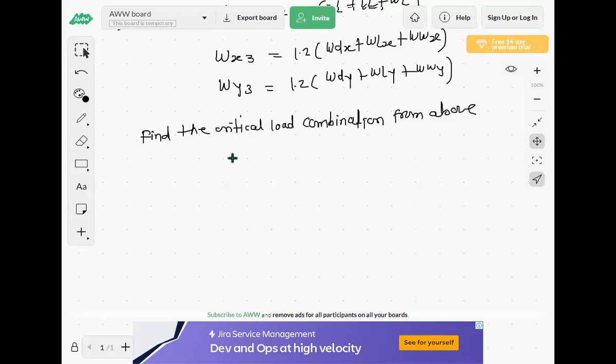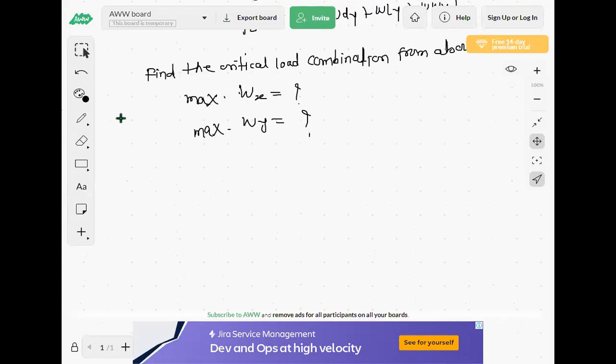So we take the maximum WX and maximum WY. Critical means maximum in X direction and maximum in Y direction. So step number 5 is over.